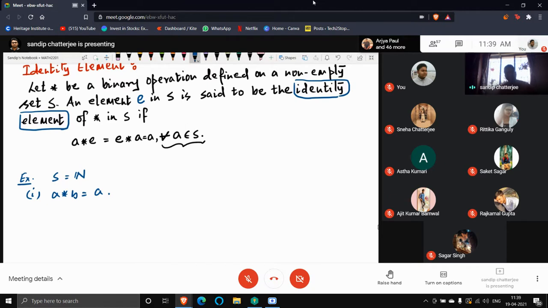What is your identity element for this? Sir, all real numbers. First of all, real numbers cannot be, because your set contains only natural numbers. You are defining this on the set of natural numbers.